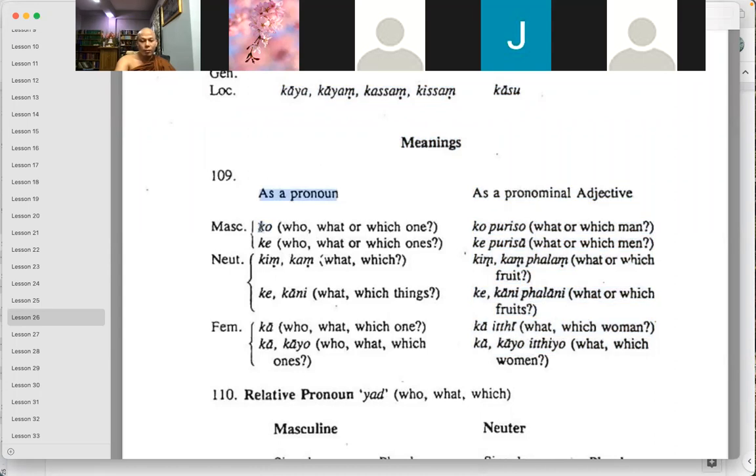Okay, so they are used alone without putting any noun word after that. But they can also be used as a pronominal adjective. At that time, after that there will be another reference word, like puriso: ko puriso, which man? And ke purisa, which men? And kani phalani, which fruits? And ka itthi, which woman? And kayo itthiyo, which women?